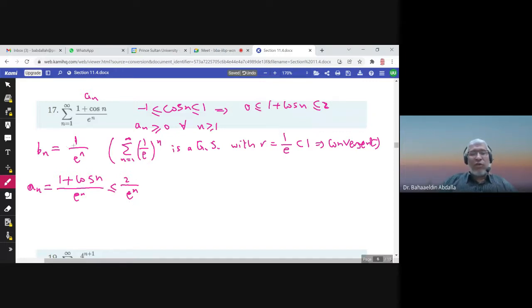Of course, 2 over e to the n is also convergent because it's a multiple of 1 over e to the n, which is 2 times bn. So by the direct comparison test, summation an is also convergent.